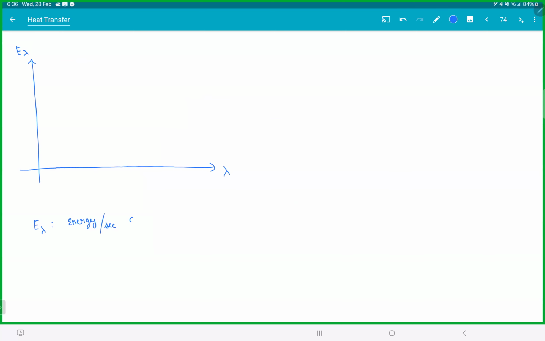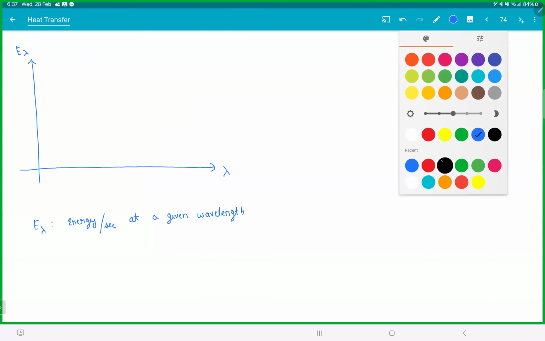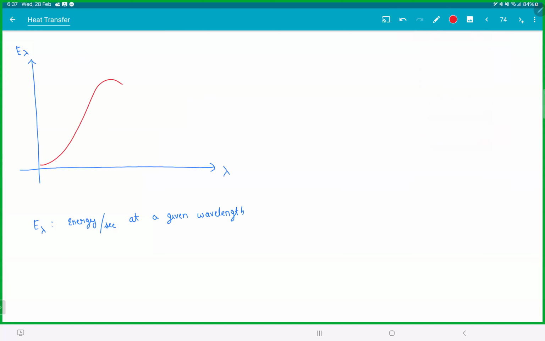I'll give an analogy that will make you understand better, but let's see technically what it is first. Again, a bell curve. There's a particular wavelength lambda m which contributes maximum energy, E peak, at a particular temperature T. So what does this exactly mean?